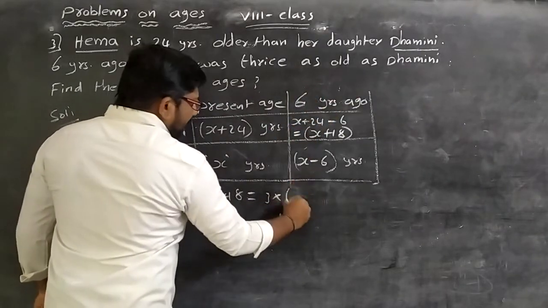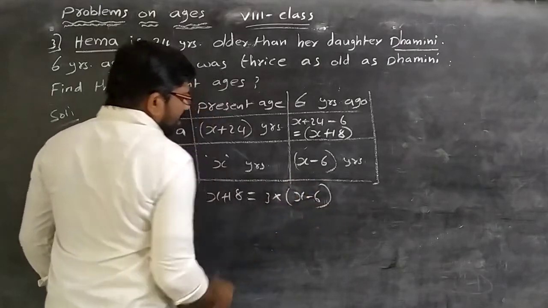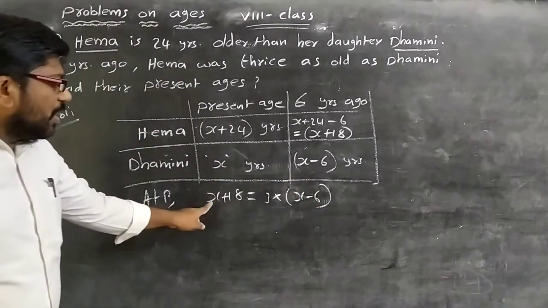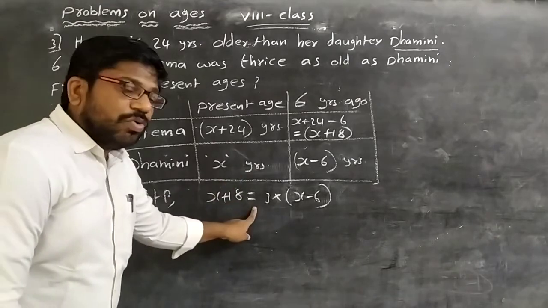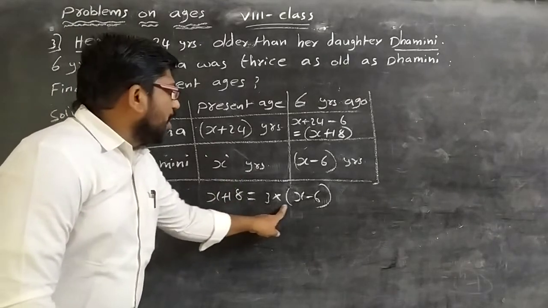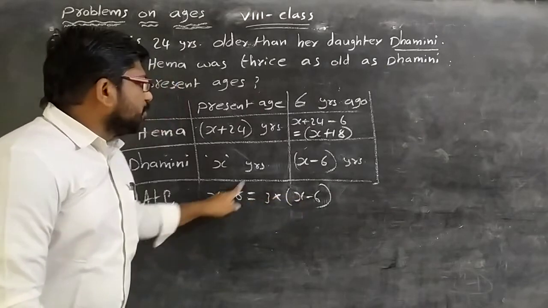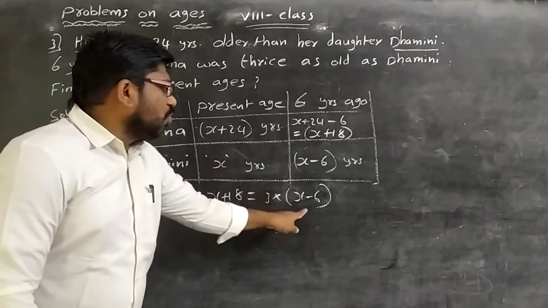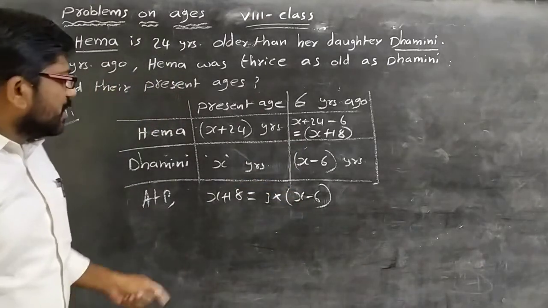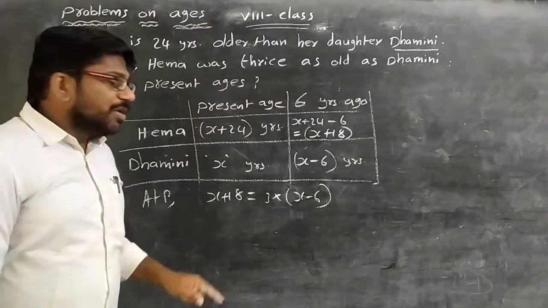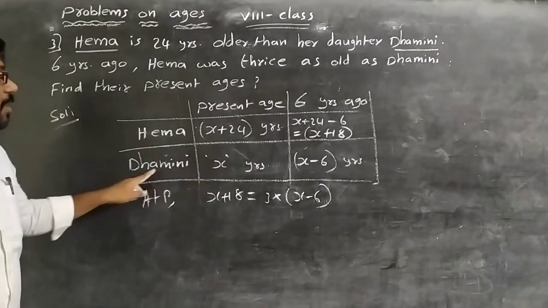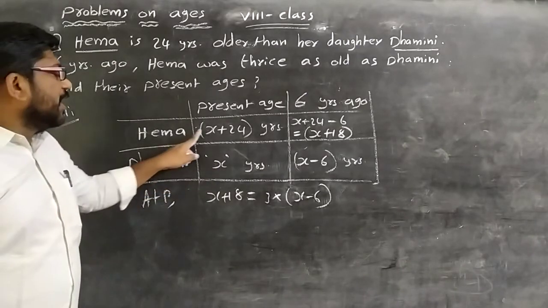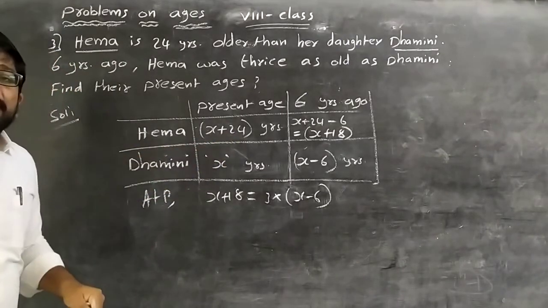As old as Damini is x minus 6. See? So according to the problem, 6 years ago, Hema was thrice as old as Damini. x plus 18 is equal to 3 into x minus 6. So this is a simple equation. By simplifying this, we get the x value. Here x represents the present age of Damini, and x plus 24 represents her mother's age.